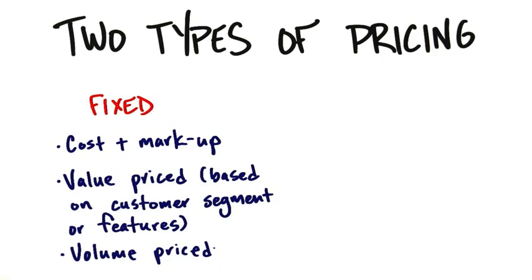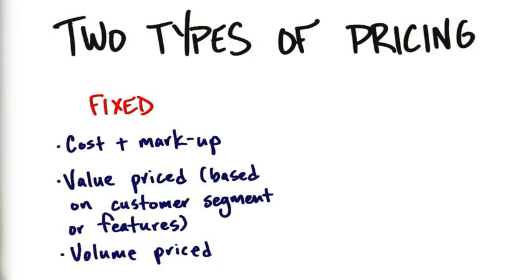It might be that you want to encourage high volume because you have economies of scale. And so you might price the product, if you buy in quantities of 1 to 10, it's $1,000. But if you buy in quantities of 10 to 100, it's $900. And therefore you could keep stepping up the discount. But if you buy in hundreds of thousands or millions, instead of $1,000, we'll charge you $99.